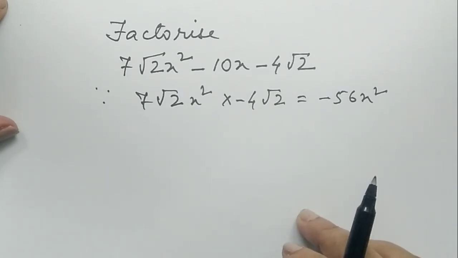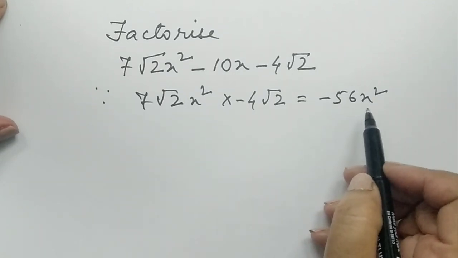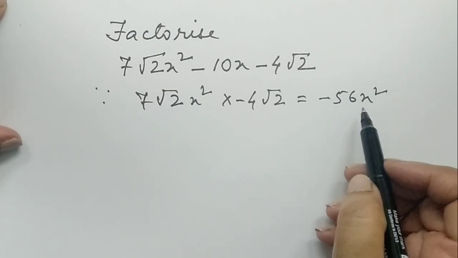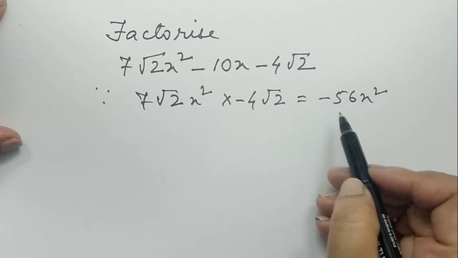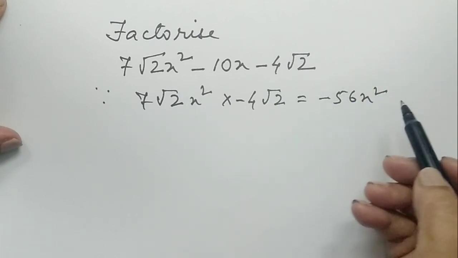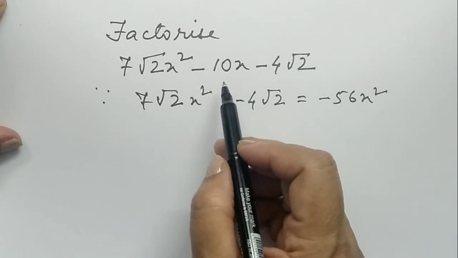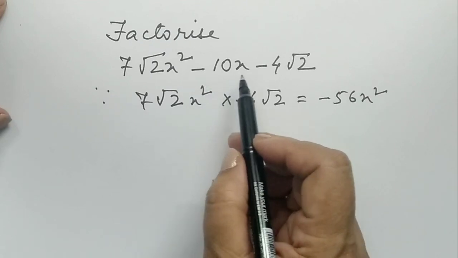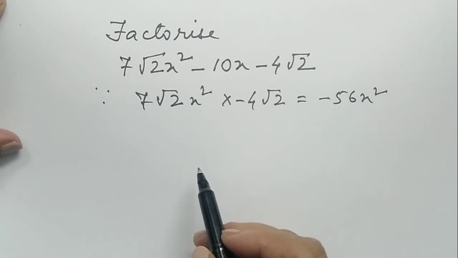So after having got minus 56 x square, we have to see that the factors of minus 56 x square must be placed in a manner that the sum of theirs should end up being minus 10x. Let me make it more clear by doing the sum.